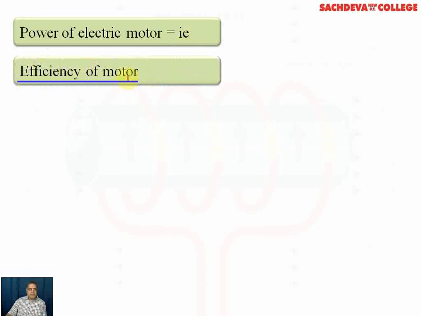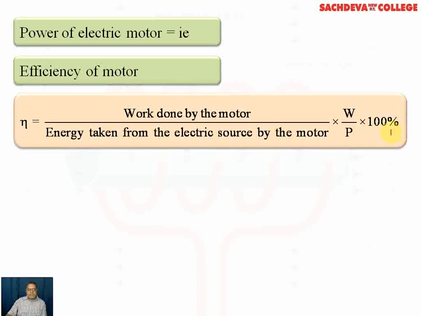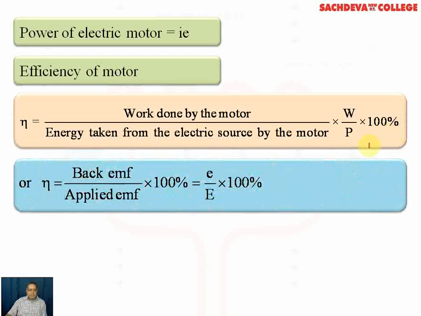Efficiency of the motor is generally expressed in percentage. Eta is the representation of efficiency of the motor, and it is given by the ratio of work done by the motor divided by energy taken from the electric source by the motor, that is W over P, multiplied by 100. So we estimate efficiency in percent. Eta is back EMF over applied EMF multiplied by 100.